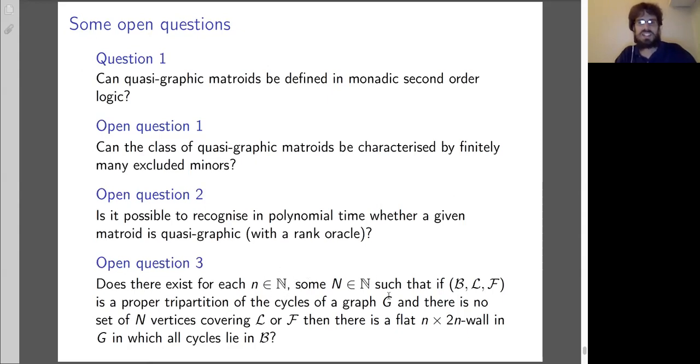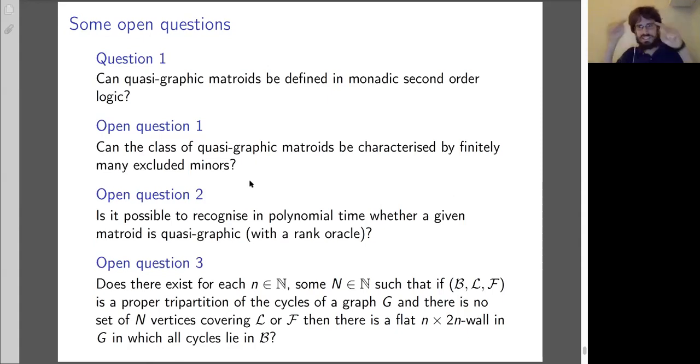Is there some large enough big N so that if I have enough disjoint lift cycles and enough frame cycles, so there's no small set of vertices which covers all of the lift cycles or all the frame cycles, then I'm actually going to get something that looks like a part of a surface. I'm going to get a flat n by 2n wall in my graph, such that every cycle in there is already balanced.